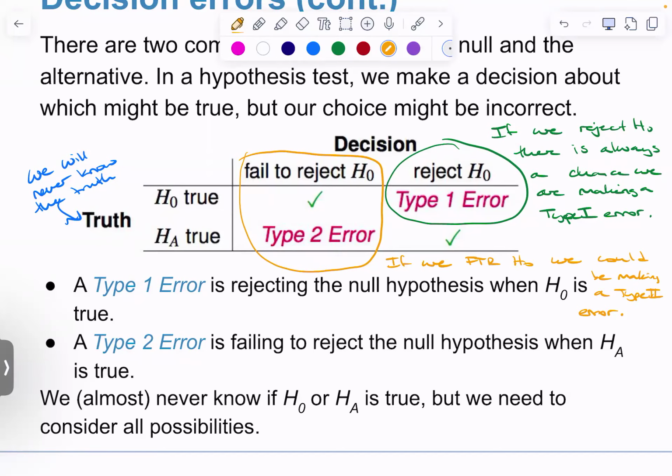So it's just good practice to recognize that you could be making these mistakes and you don't know, right? And so kind of recognize the flaws of your data, your study.